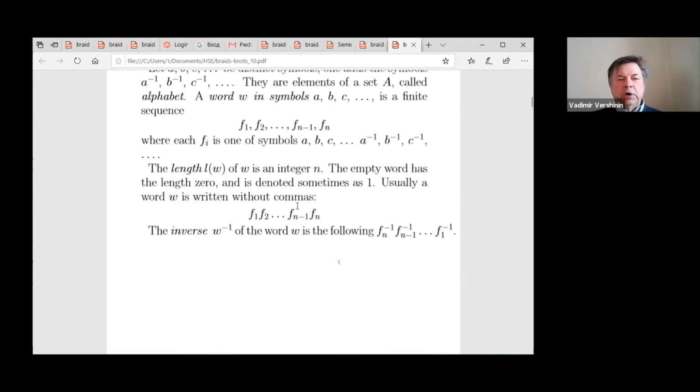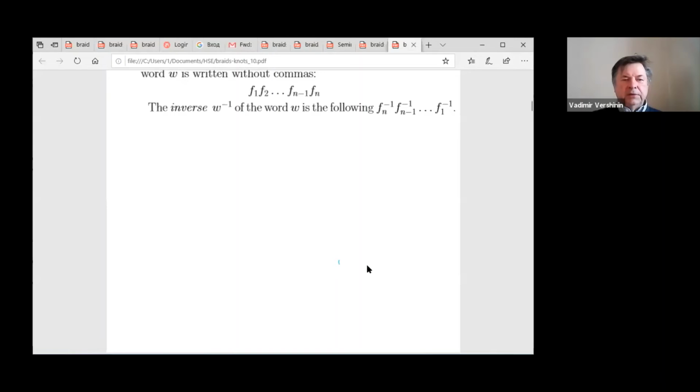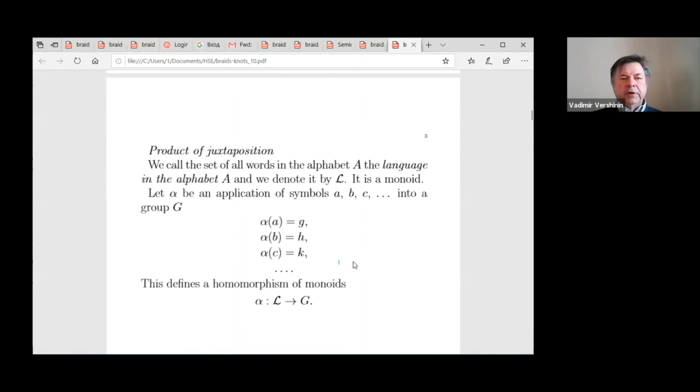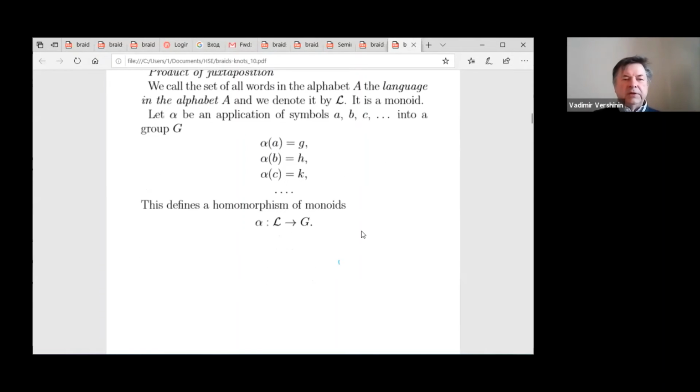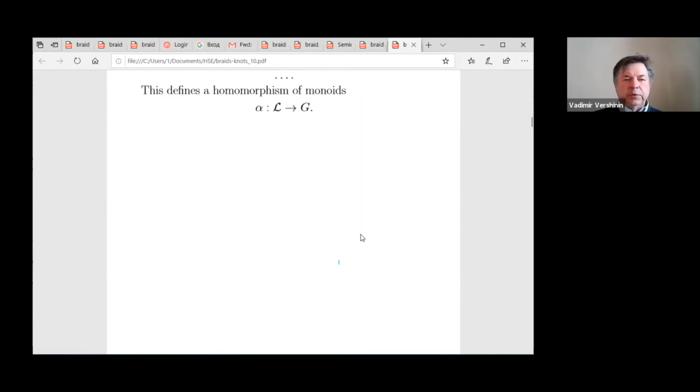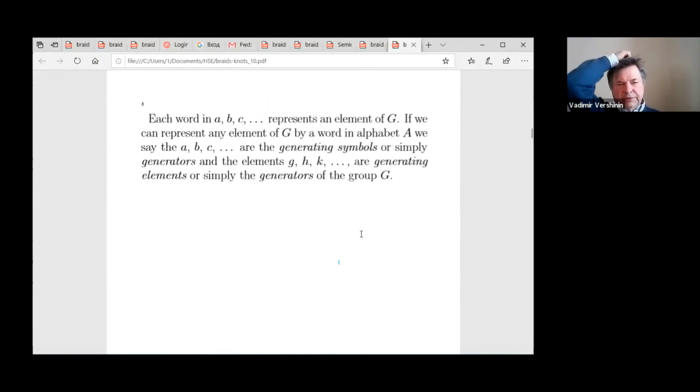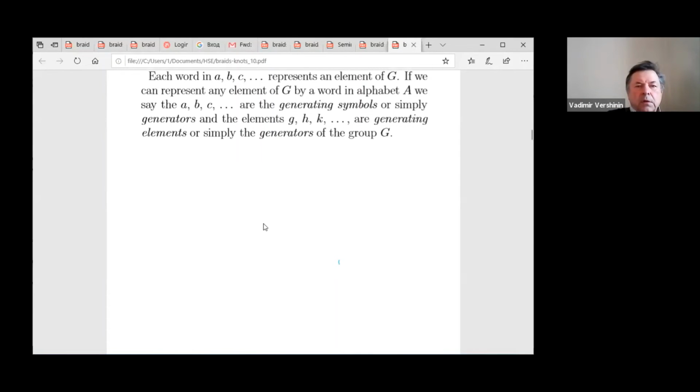If you have a word, then evidently there is its inverse. We can define the product by juxtaposition. You have one word and you write down the next one, and this will be the product of words. So the aim of this is to make the encoding of elements in a group.